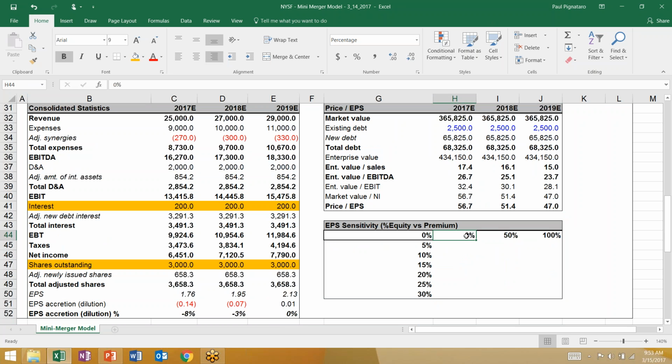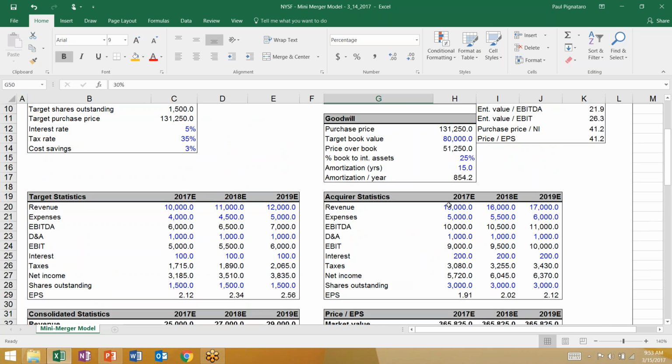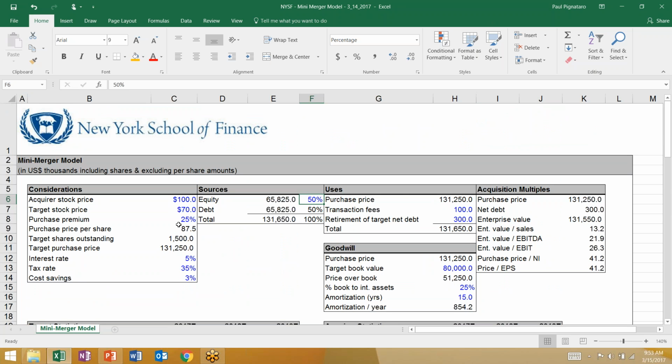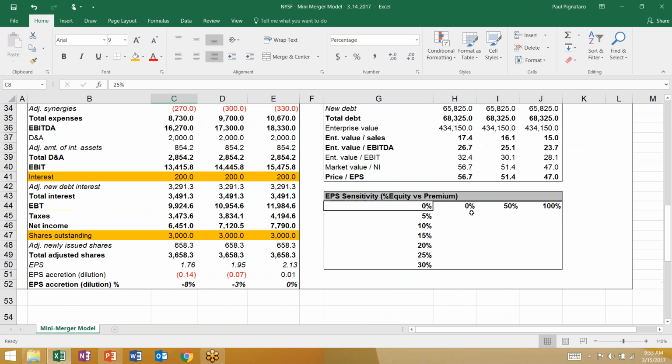So here I want this to say, well, what happens if it's 0% equity? What happens if it's 50% equity? What happens if it's 100% equity? And here I want to see what happens if I only get to pay a 5% premium. 10, 15, 20, 25, 30. So for example, the way the table works is right now we're running a 50% equity, 25% premium case.